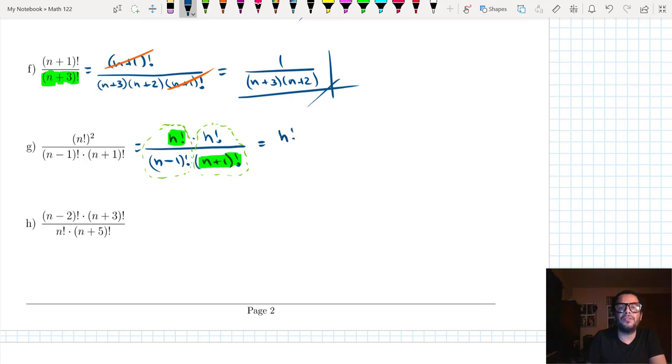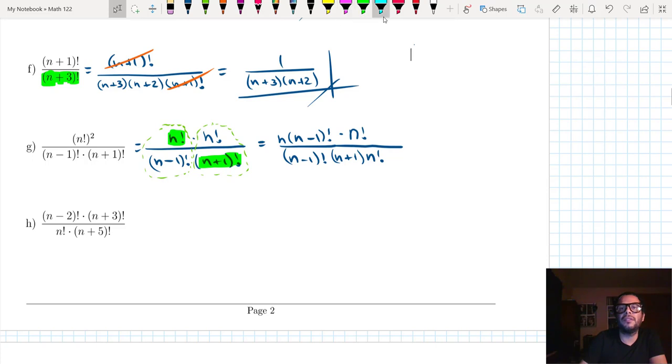So n factorial is just going to be n times n minus 1 factorial, and I'm going to stop here. N factorial times n factorial, and the denominator is going to be n plus 1 times n factorial, and I'm going to highlight with green what I expanded using the factorial definition.